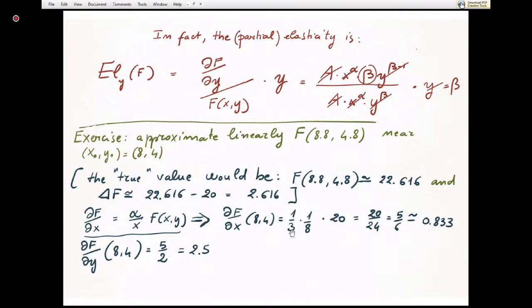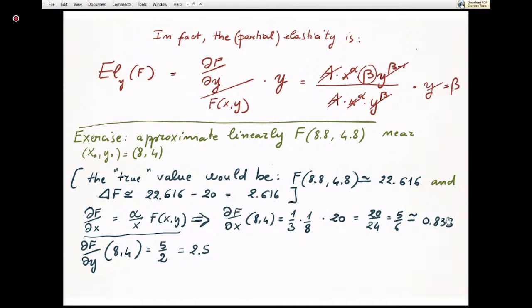Alpha is 1/3, x in the denominator is 8. This is the partial derivative at the initial level of the input. 20 divided by 24, 5 over 6, 0.833. This is the partial derivative with respect to x at the initial input level.